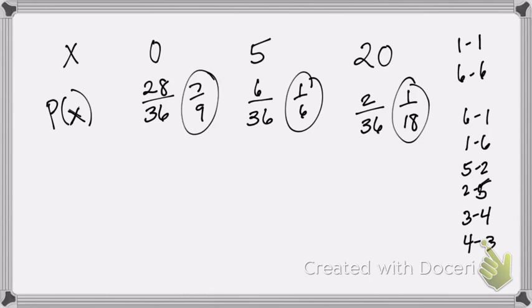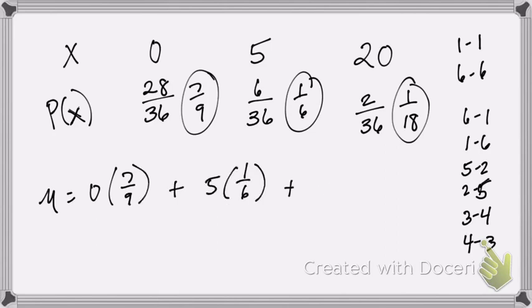Okay, so from that, now I want to figure out what my expected earnings are. So my mean, to do that, I'm going to take 0 times 7/9 plus 5 times 1/6 plus 20 times 1 out of 18.